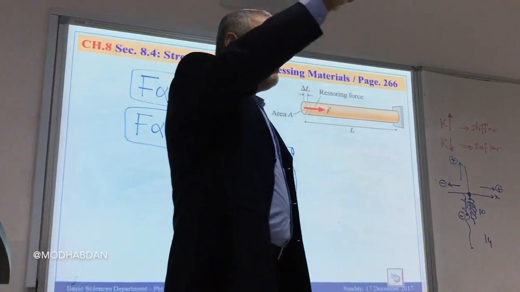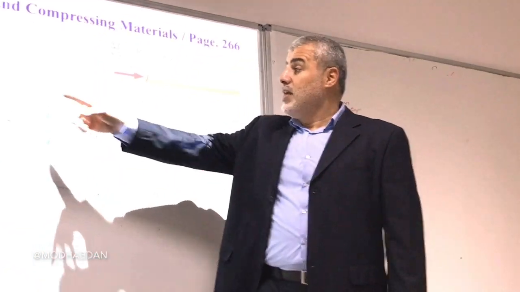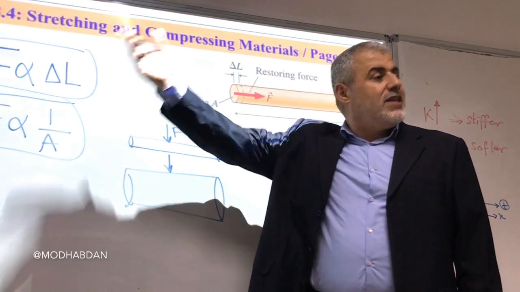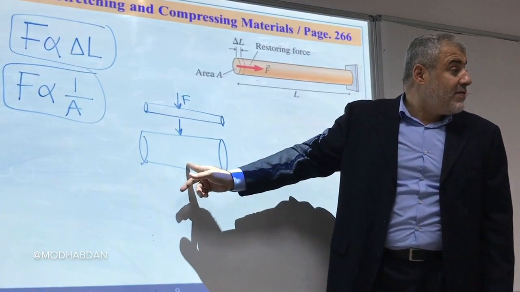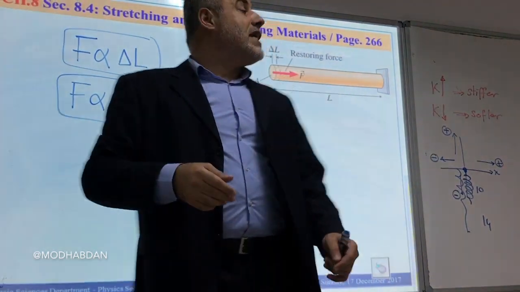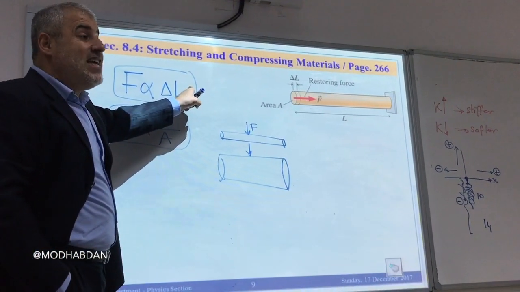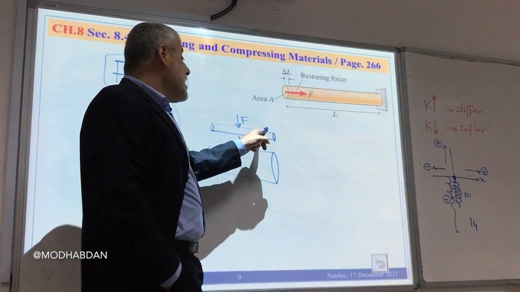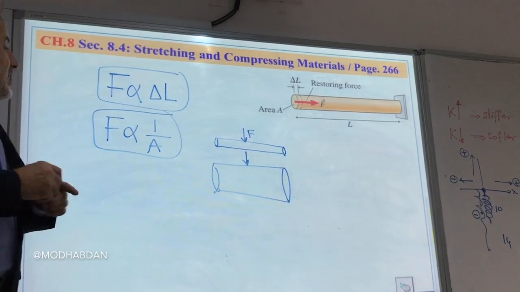So the shorter one is more stiff, and the thicker one is also more stiff. In another way, we can say the longer one is more elastic and the thinner one is more elastic. I'm going to define both.